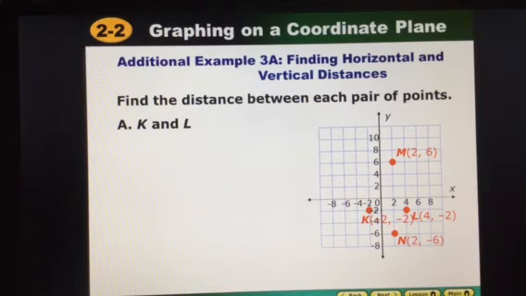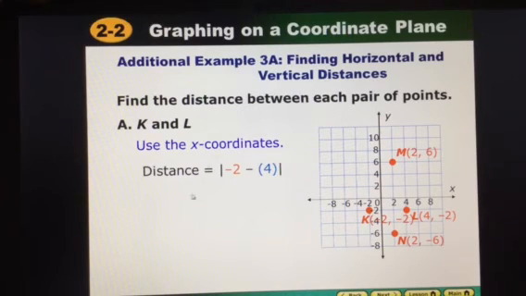If you look at that, when you move from one point to the other and it's horizontal, that means we're moving along the x-axis. So we look at the x-coordinate. I have negative 2 for my x-coordinate on K and 4 for my x-coordinate on L. If I subtract those two and take the absolute value, I'll have the distance between those 2 points.